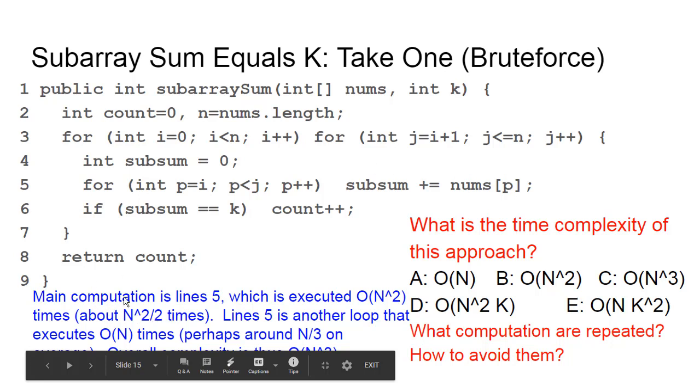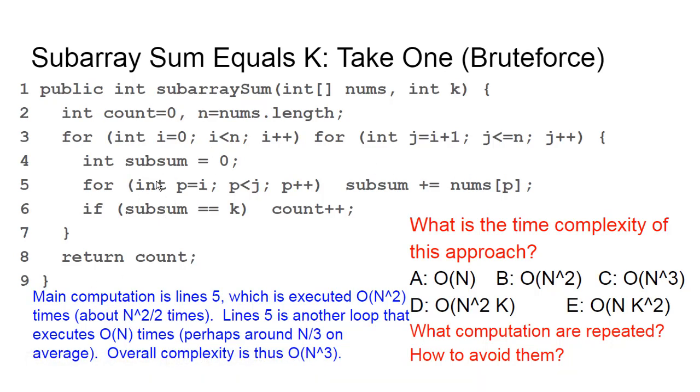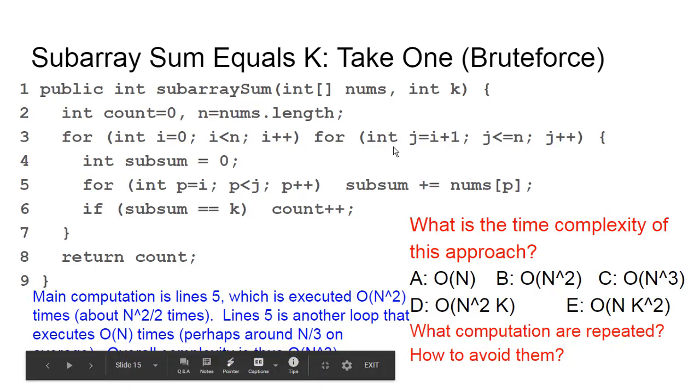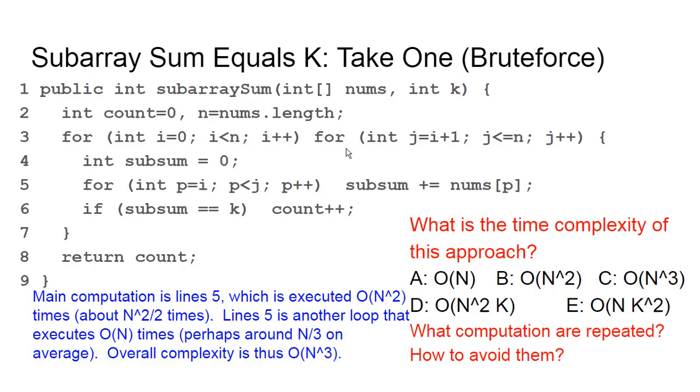In fact, if you really want to count, it's n times n plus 1 over 2 times, and within here the number of times depends on i and j. If you count how many times this sum plus equal is executed, it's probably around n cubed over 6. But the exact number does not matter. So this is an n cubed algorithm.